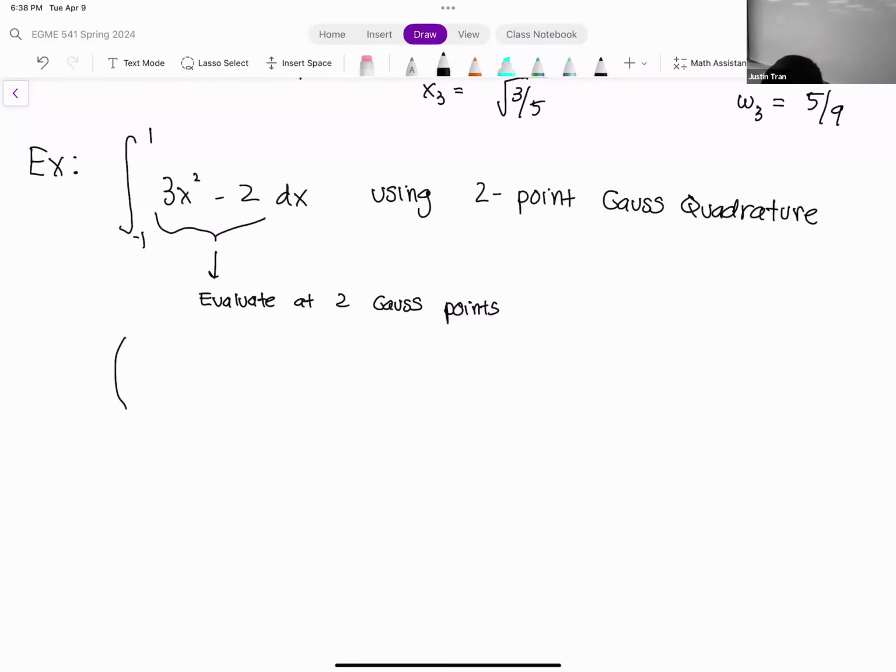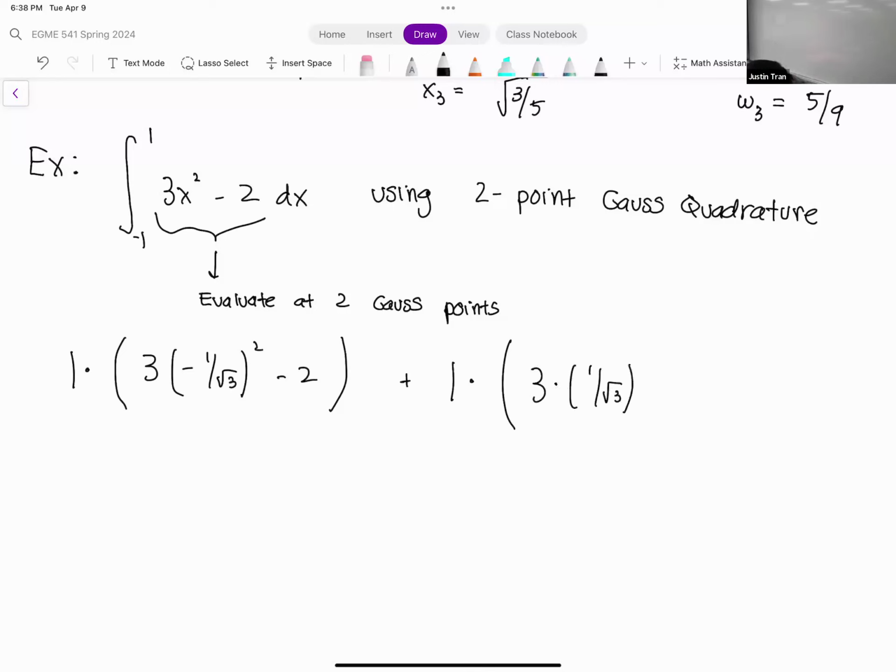We have 3 times x², so that's 3 times (-1/√3) squared minus 2, plus, oh, we forgot our weights. The weights in the 2-point Gauss quadrature are 1. Then we have the same function evaluated at the second Gauss point, which is 3 times (1/√3) squared minus 2.